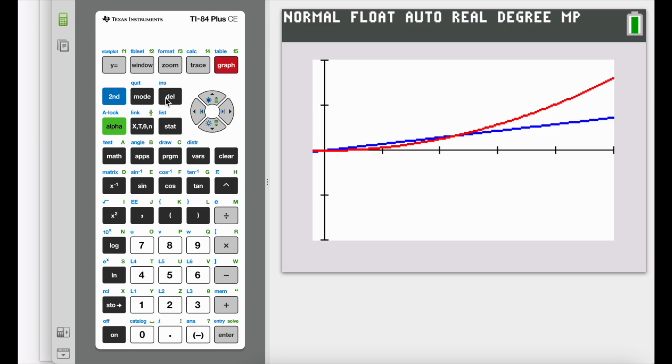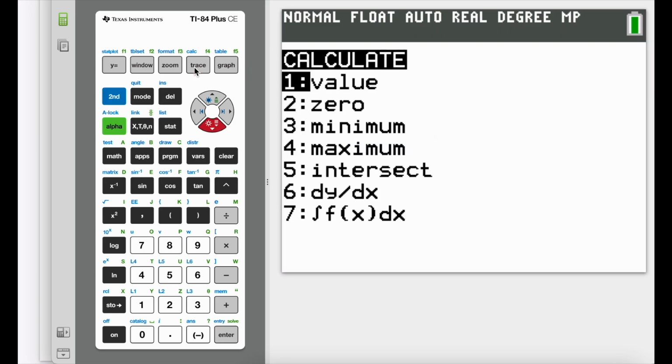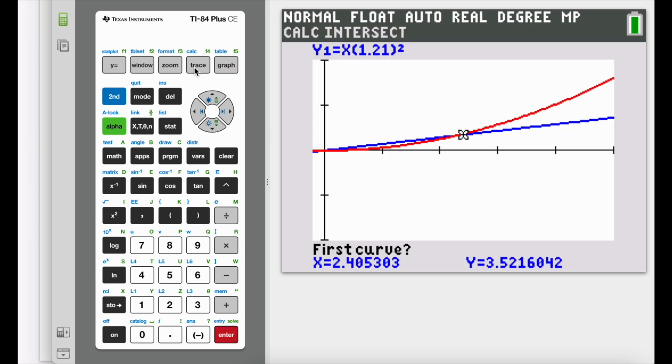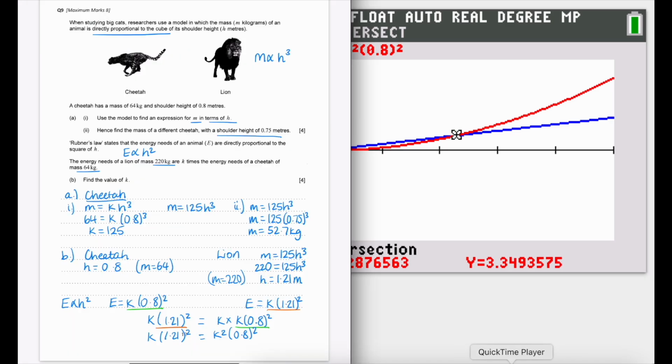Yes, we can see there's a second intersection here that we need to look into. And we can see that it's at 2.29 to 3 significant figures. So if I go back, I can see that k equals 2.29, and now I know the relationship between the two. So that's the answer for the second part there.